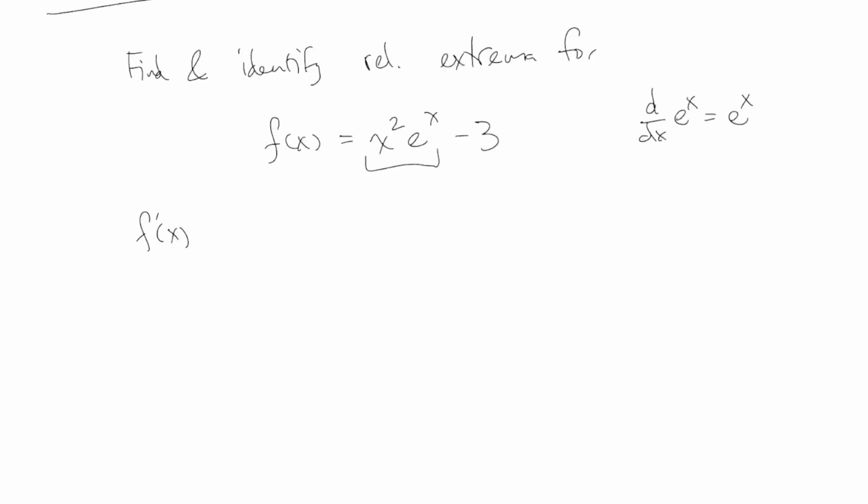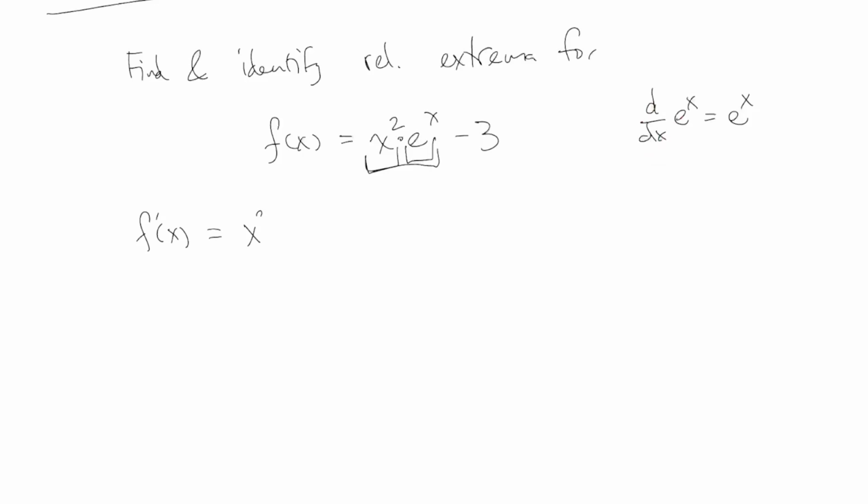We also need to use one of the other rules. Yeah, the product rule, because what I see here is 2 things that are multiplied together, right? x squared is the first one and e to the x is the second one. So we are going to use the product rule, where when it comes to the second part, we use this e to the x rule. The derivative, I do the product rule.